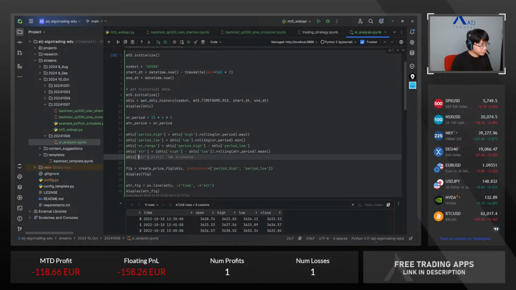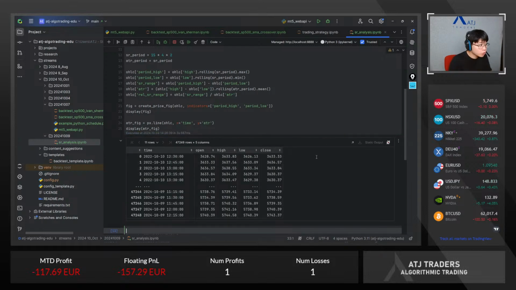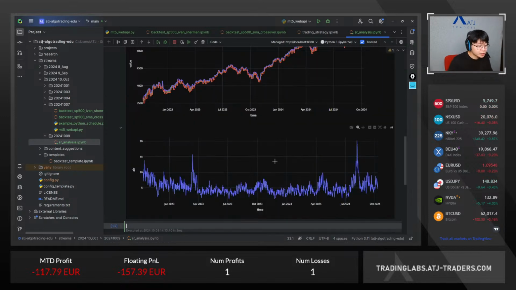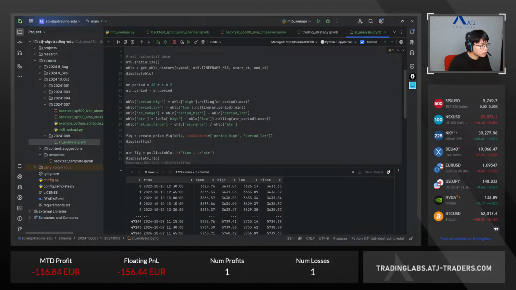And if you look at OHLC, I'm gonna call it relative support and resistance range, which is basically our range divided by the ATR. This is what we are looking for. And therefore, if the relative range is small, we know that the price is consolidating in a very narrow range, and that we could try using for checking if that has some impact on whether the breakout tends to be a breakout or actually a reversal.